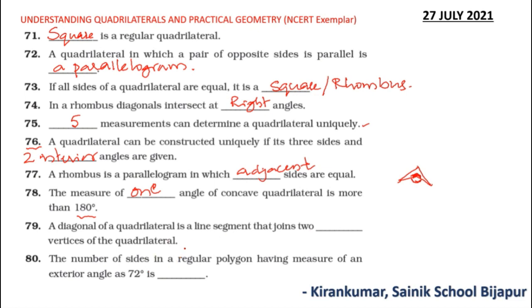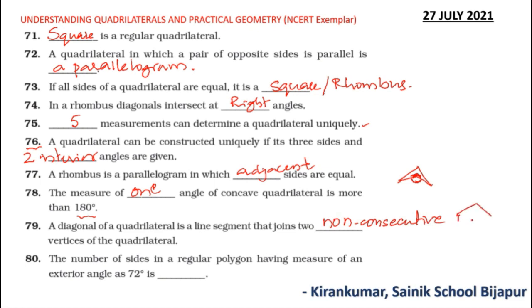Question 79. A diagonal of a quadrilateral is a line segment that joins two vertices of the quadrilateral. Diagonal will join two non-consecutive vertices.